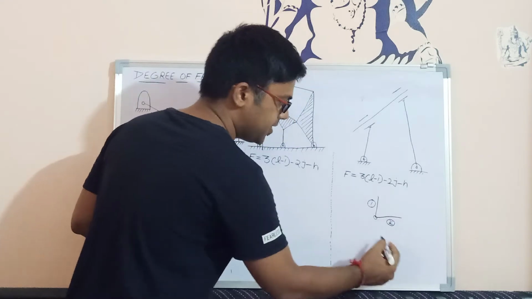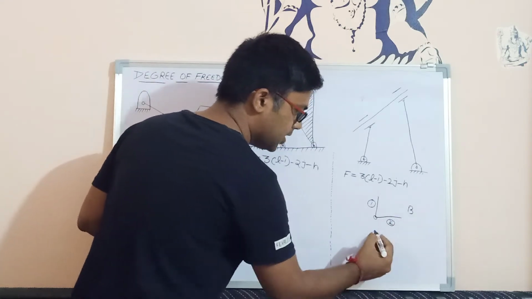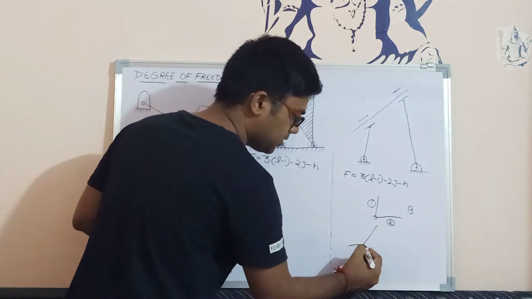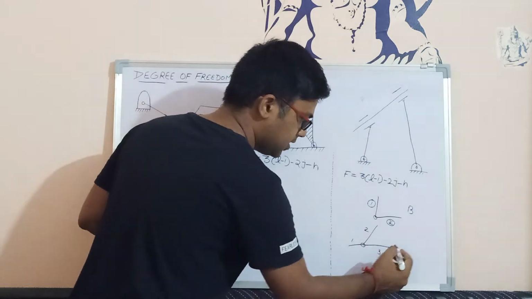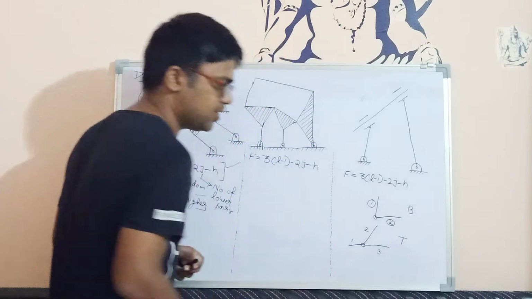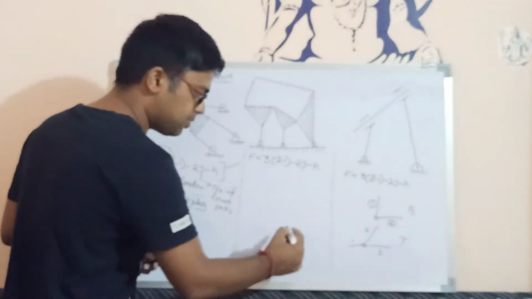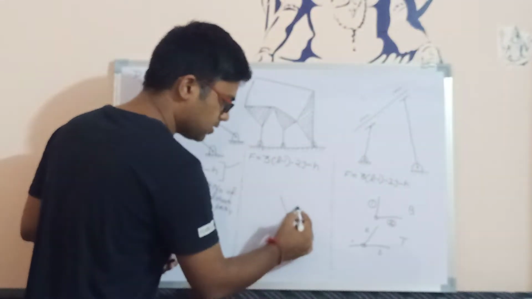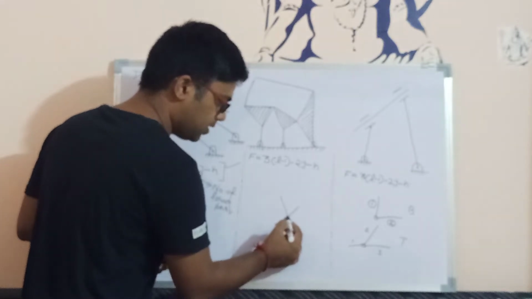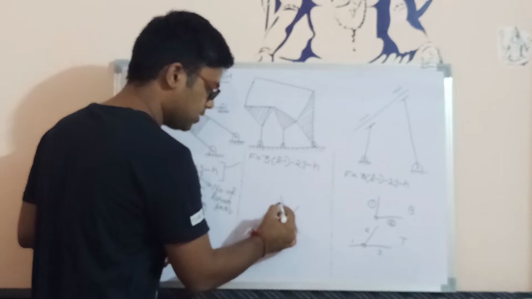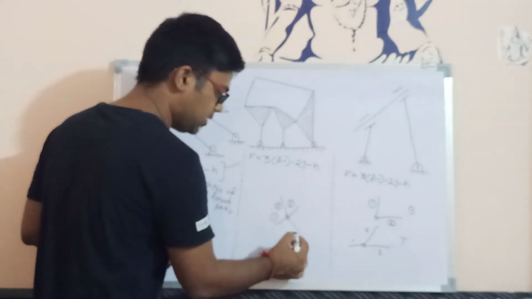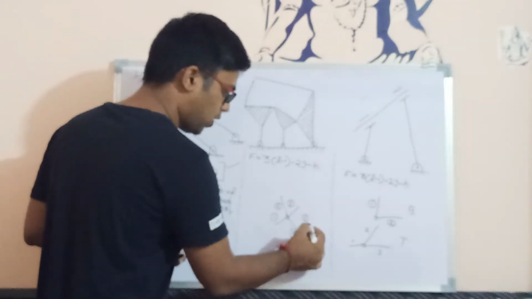If 3 links are joined at the same point, 1, 2 and 3, it is called a ternary joint. If 4 of them are joined at the same point, 1 link, 2 link, 3rd link and 4th link, this is called a quaternary joint.